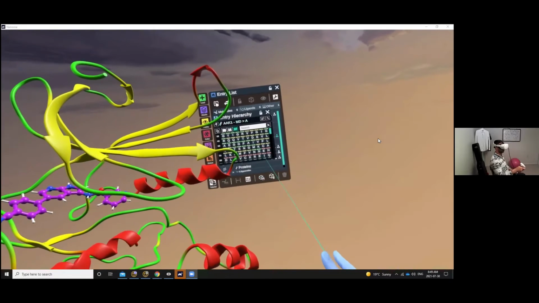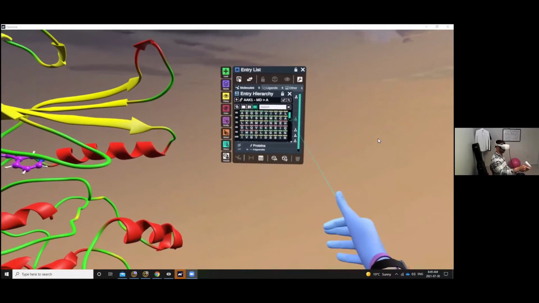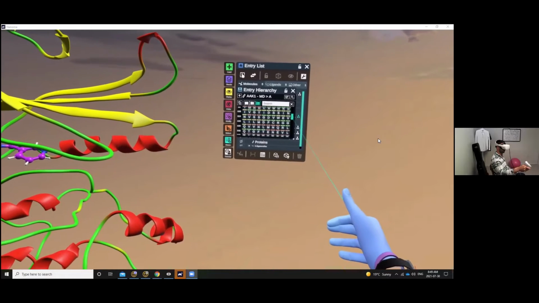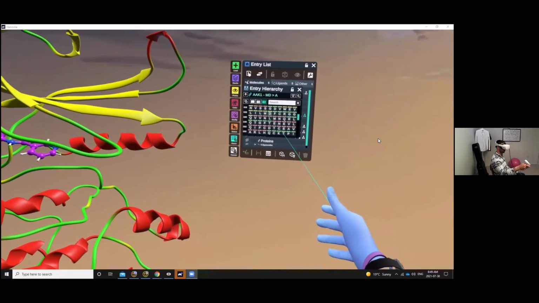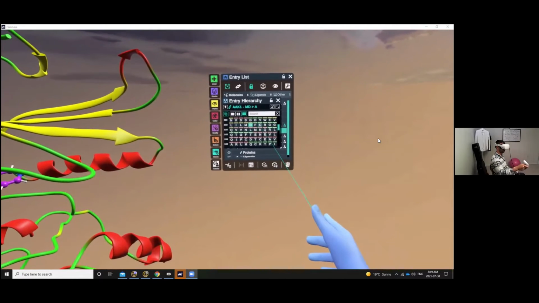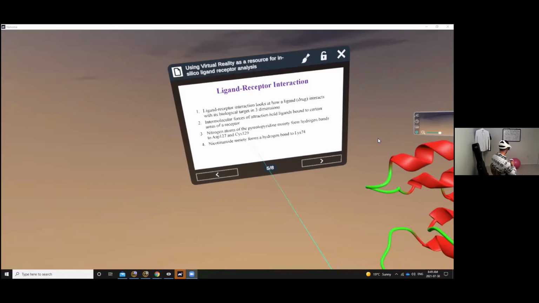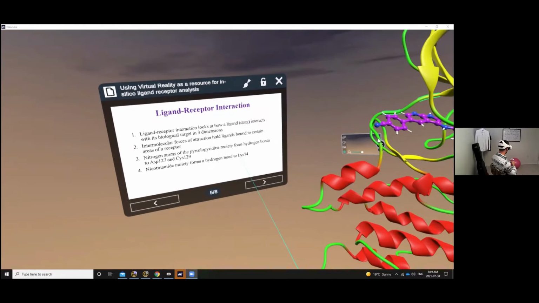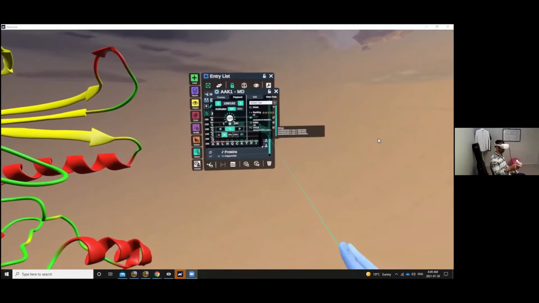So if I go to my entry list over here, if I scroll down to 127, 23, 24, 25, 26, 27. Okay, I want 127. I also want 129. And then I also want this one down here, which is lysine 74.